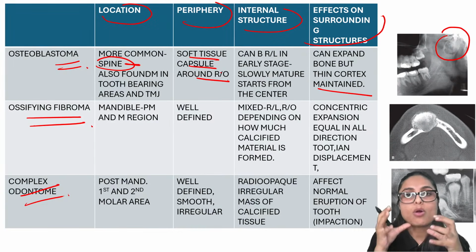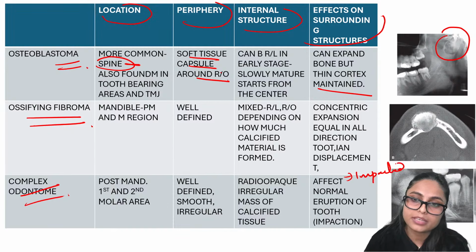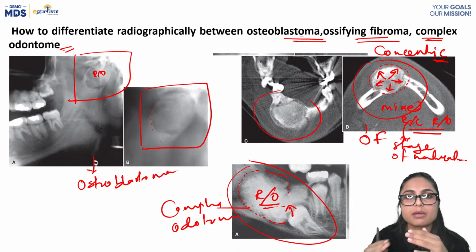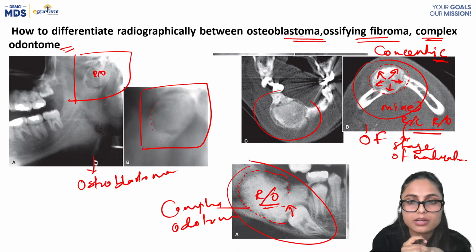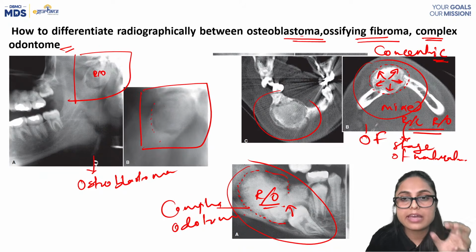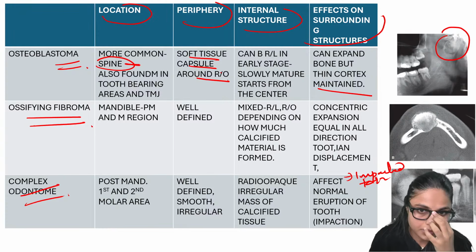The complex odontome is associated with an impacted tooth, so it will restrict the eruption of the normal tooth. All right. So these three entities, and these are the differentiating points that you need to remember over here.